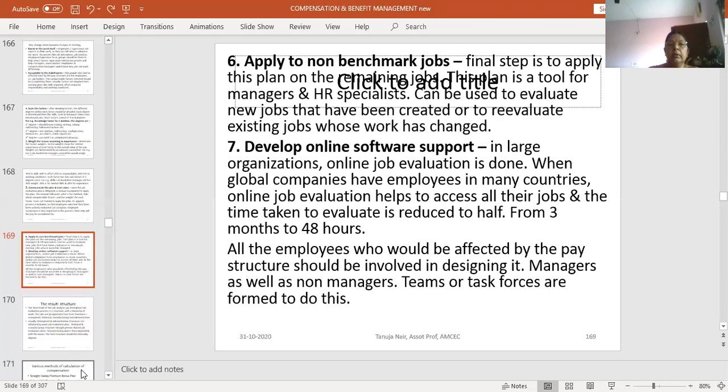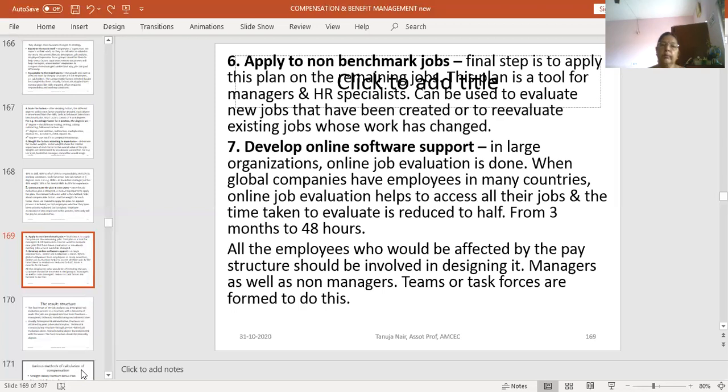Earlier, the offline job evaluation process would take 3 months. It would be reduced to 48 hours for an online job evaluation process. So today's large global companies, where lakhs of employees are based in different countries, had better go for online job evaluation, where in 48 hours they can get it done.